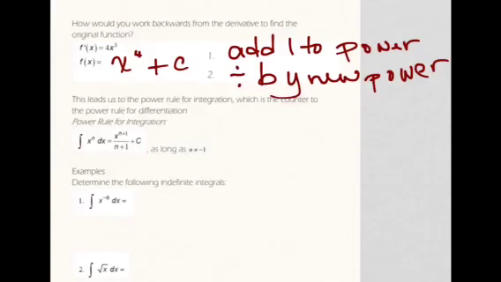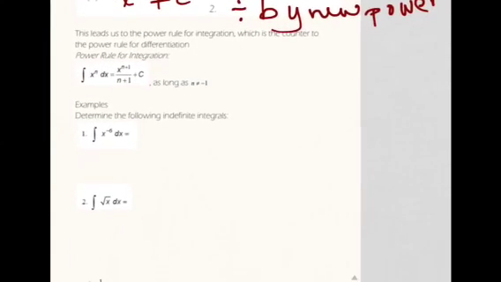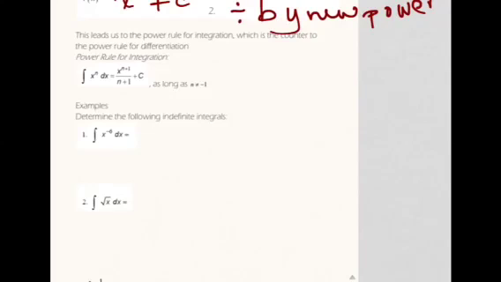So let's do some examples. Let's find the antiderivative of x to the negative 6. So to do that, remember what this is telling you. The integral sign is just instructions. Don't let it freak you out. It's telling you that you are finding the antiderivative. Of what? Of x to the negative 6 with x as the variable.